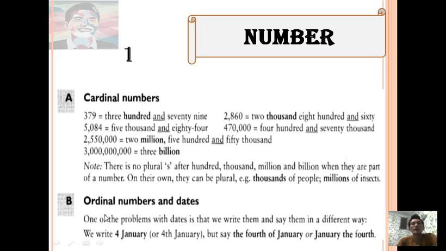Okay. Second one, ordinal numbers. One of the problems with that is we write them and say them in a different way. We write 4 January or 4th January, but when you say it, the 4th of January or January the 4th.